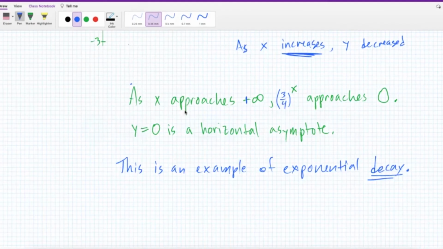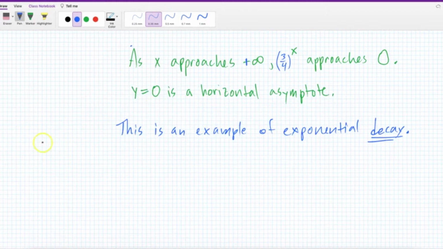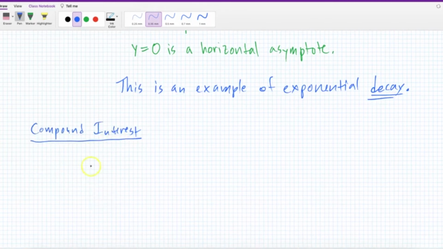So let's go over to notes over here. So we have compound interest. And so let me write down the formula. Let me tell you where everything is.